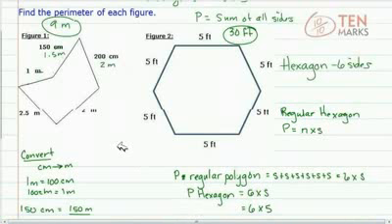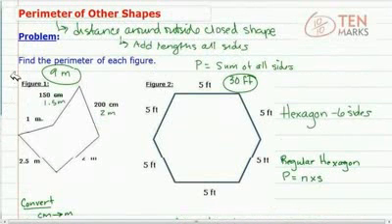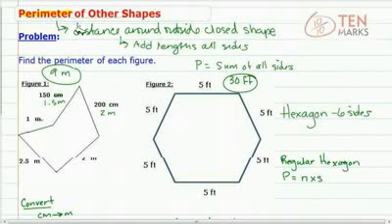Some things to keep in mind: the perimeter is the distance around the outside of a closed shape or figure. The perimeter is the sum of all the side lengths of a polygon, so you add the lengths of all the sides.